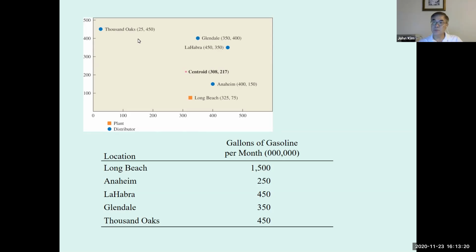So based on these locations' X and Y coordinates and the demand or supply required, we can use a formula like this.